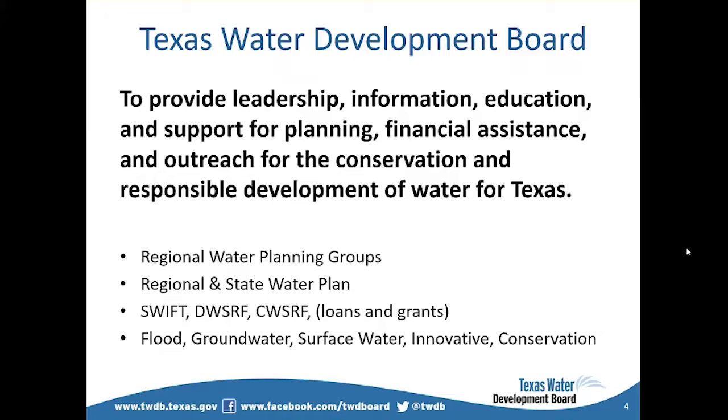We do a lot of research in the background and support for the groundwater and surface water sources for the state. We also support and do a lot of research for innovative water technologies. And then, of course, while we're here today, we do a lot of work with conservation. And water loss auditing is one of those tools that can help to conserve water at the utility.